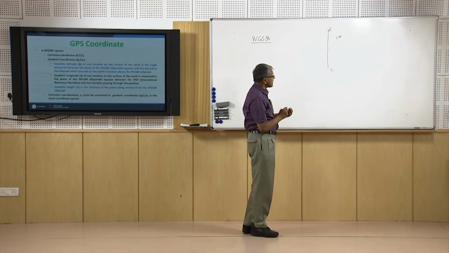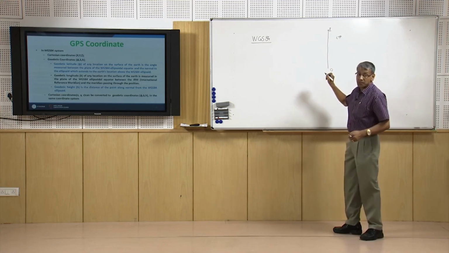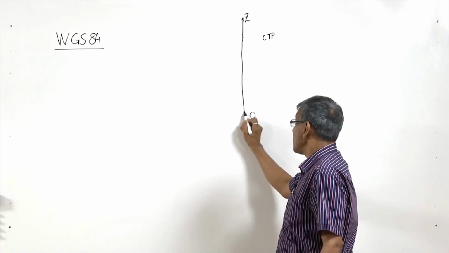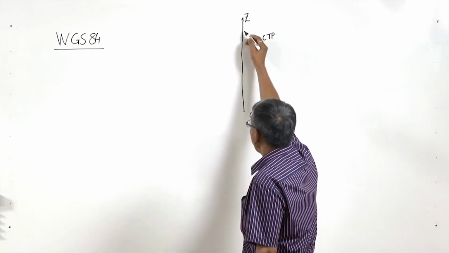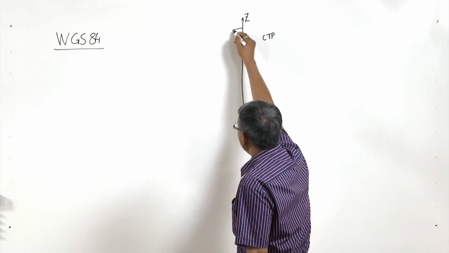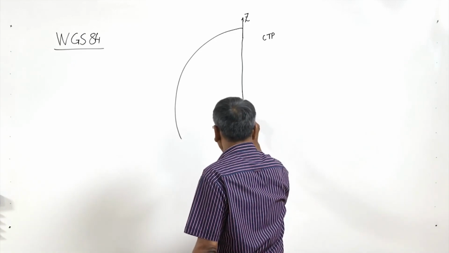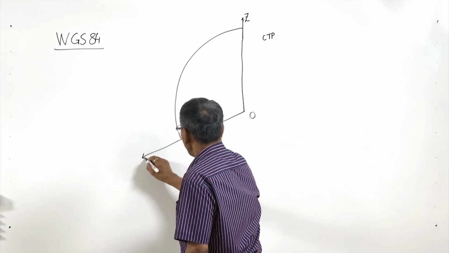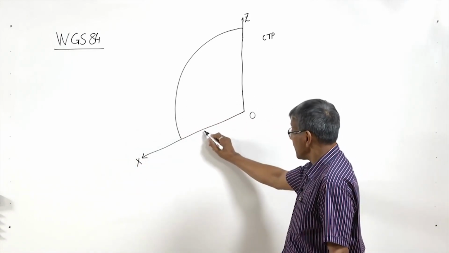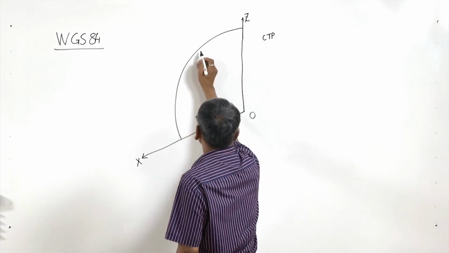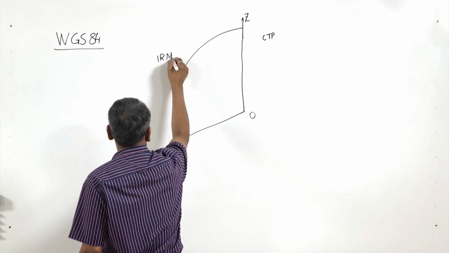Now if we imagine an infinite plane perpendicular to this Z axis passing through the center of mass of the earth, and a plane passing through the international reference meridian, then the intersection of these two will give us a line that is considered as the x axis. So this is in the equatorial plane and this is the international reference meridian.